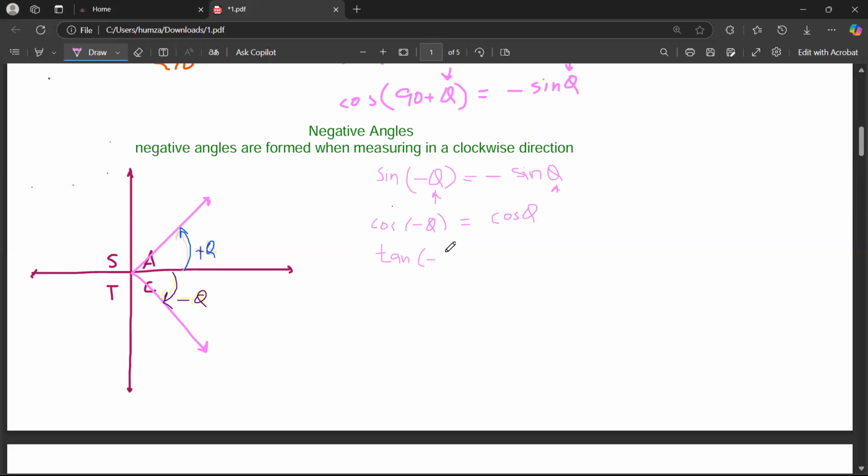Now tan negative theta will become your minus tan theta. The angle is positive, but the tan, the trig ratio, is negative. Why? Again, because this is your cos quadrant.